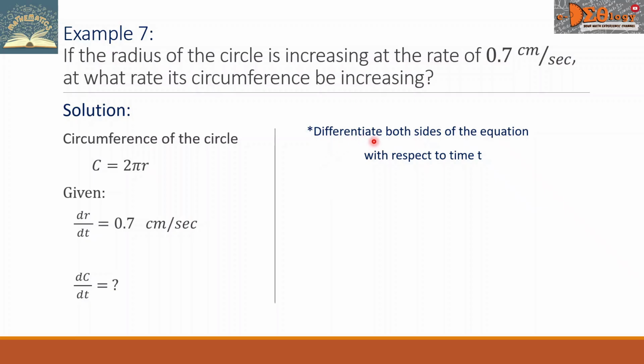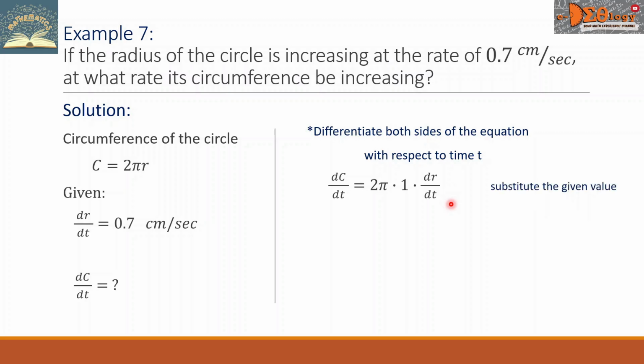We're going to differentiate now both sides of the equation with respect to time t. So this C becomes dC over dt equals, these 2 pi are constants, so we put them in front, times the derivative of r, that would be 1, times dr over dt.